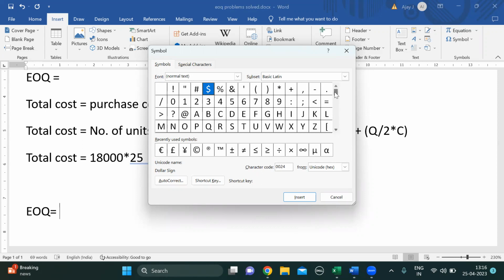If I don't find it, I'll just write square root.